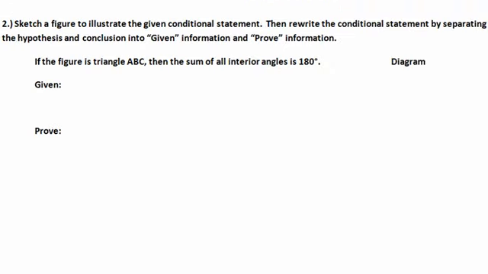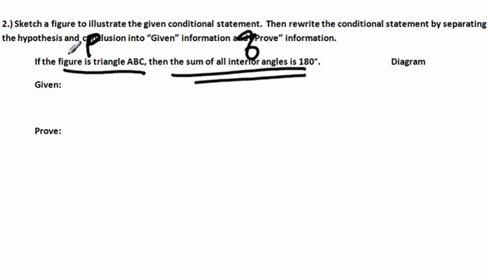is we want to sketch a figure to illustrate the given conditional. It says if a figure is triangle ABC, so this is the hypothesis, that's our P, and this is our conclusion. What we learned is the hypothesis is the given statement, the conclusion is the proof statement.